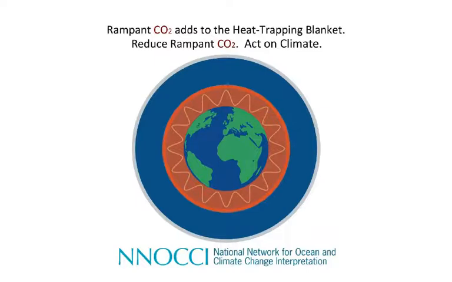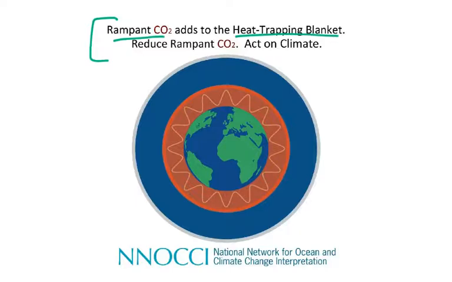We talked about the heat trapping blanket metaphor before, and I said there are some things that the CO2 metaphor can explain that the heat trapping blanket cannot, but I think it's also really important to point out that these two work together very well. If we look at what's shown here at the top, it says that rampant CO2 adds to this heat trapping blanket. So they're working together.